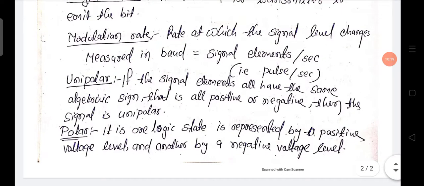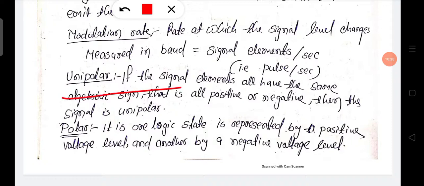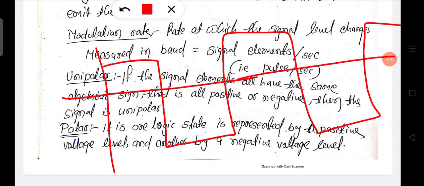And polar means one logic state is represented by a positive voltage level and another by a negative voltage level. Here, this is 5 volt and this is minus 5 volt.